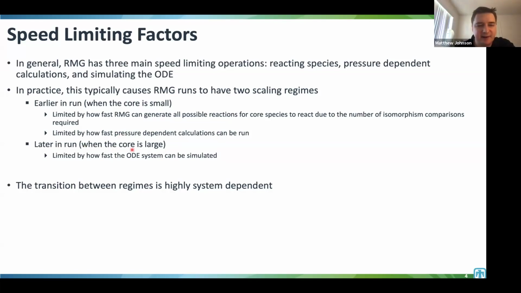However, later in the run, when the core is very, very large, the ODE simulation starts to take longer, and we start to be limited by how fast the ODE system can run its simulation and select the species. When you transition between these regimes in your RMG run is highly system dependent. I can't give you an exact number because it depends heavily on what kind of chemistry you're doing.